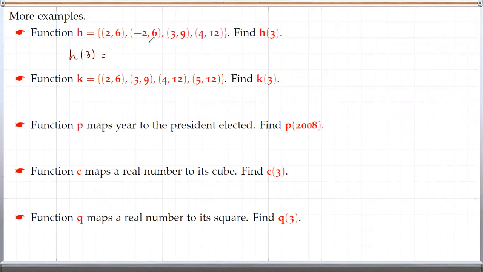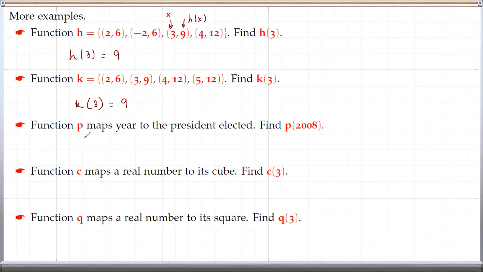Looking at these ordered pairs, we want to look at the one where x value is 3. So we have 3 over here. This is x, and this would be h of x. So h of 3 would be 9. Next, we want to find k of 3 for this function. So again, k of 3 over here is 9, because 3 is being mapped to 9 again.